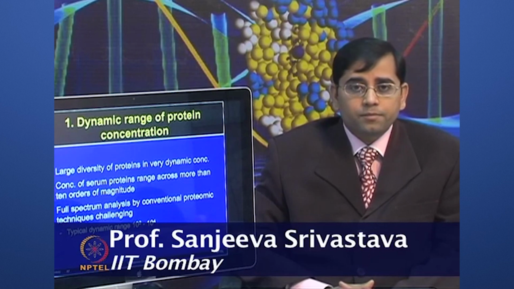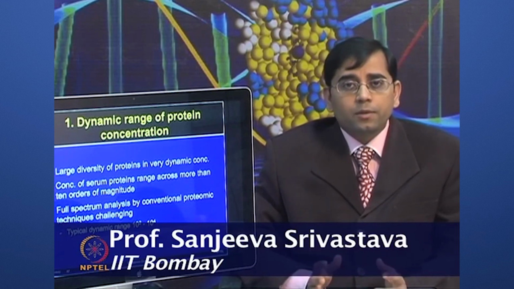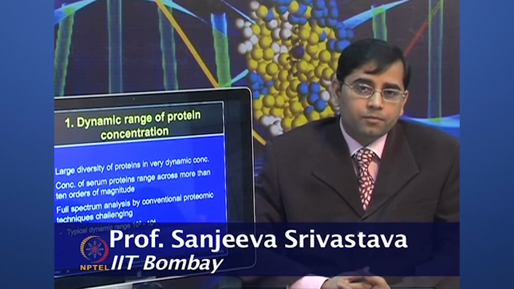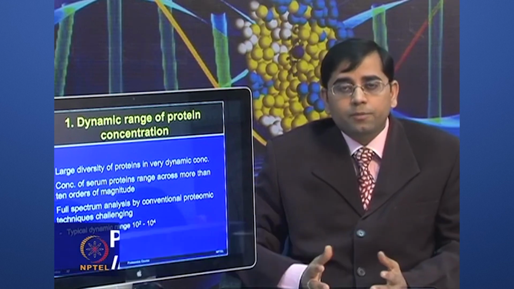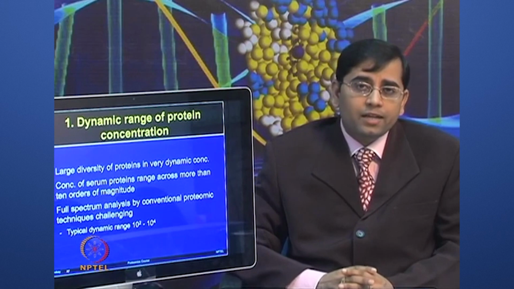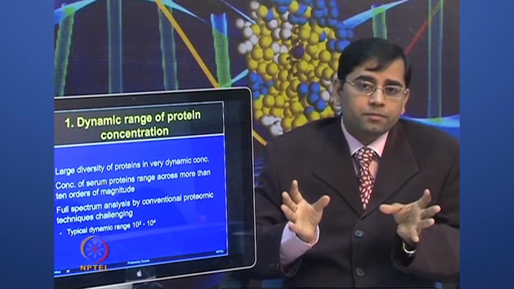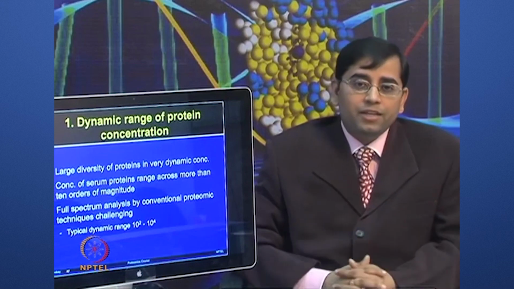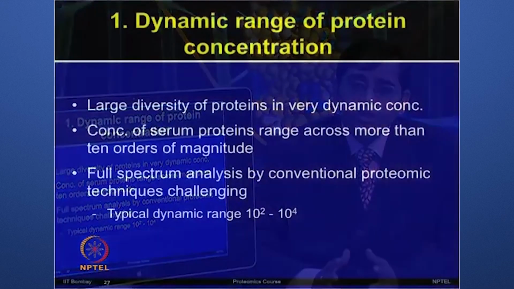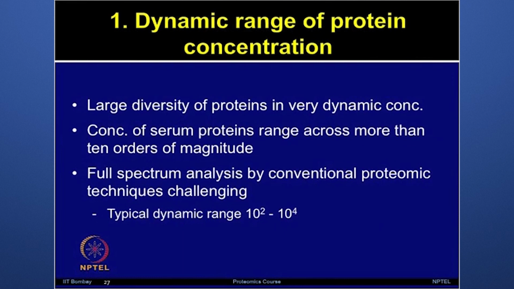The first point, the dynamic range of the protein concentration. In serum, there is a large diversity of proteins which provides a very dynamic environment of almost 10 to the power 10 magnitude. So, the concentration of serum proteins ranges over more than 10 orders of magnitude.